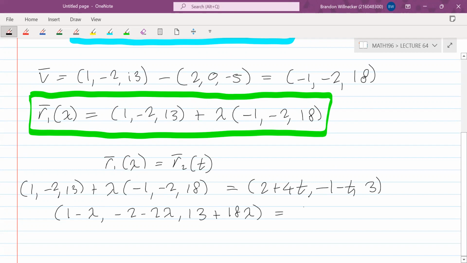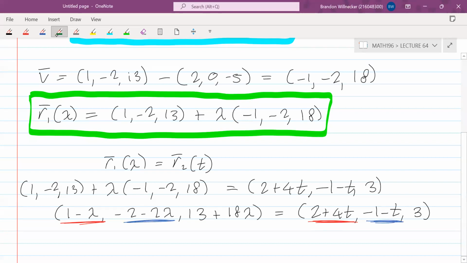And this is equal to (2 plus 4t, -1 minus t, 3). Now we can look at the individual components. We've got the x components, that's the first one, the y component, that's the second one, and the z component, that's the third one.